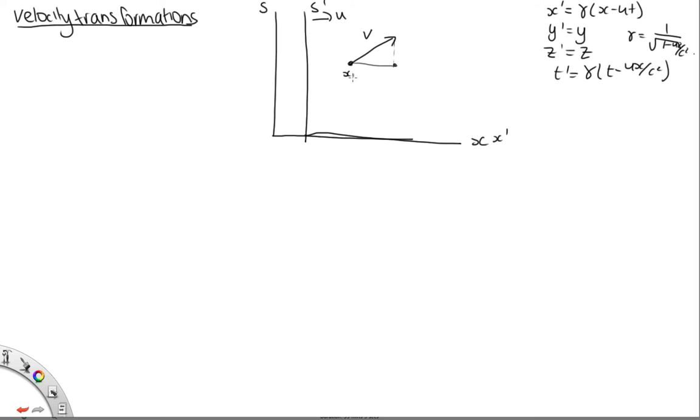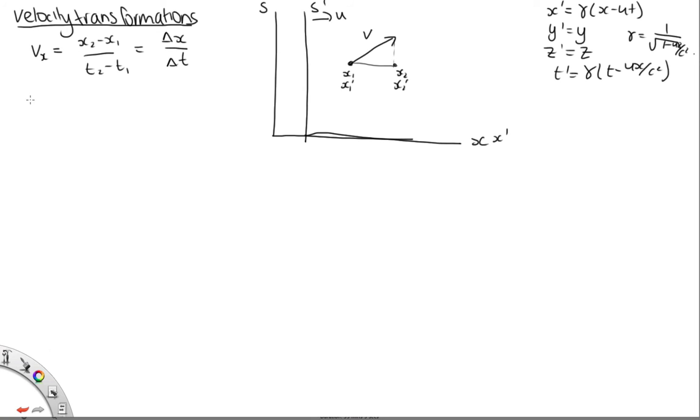This is point x1 or x1 prime in reference frame S dash, and this is point x2 or x2 prime in reference frame S prime. Now the velocity of the particle in the x direction in frame S is given by the distance travelled, which is x2 minus x1 over t2 minus t1, which we can write as the change in its displacement over the change in time. That is our standard expression for velocity.